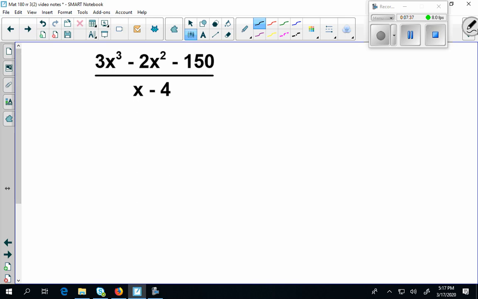So let's say I have 3x cubed minus 5x squared minus 34x plus 24, and I am dividing that by x plus 3.